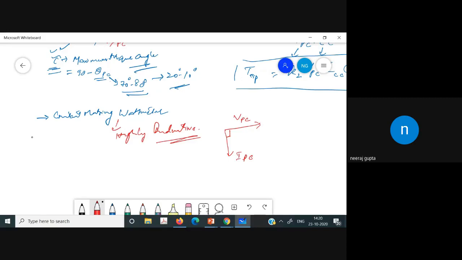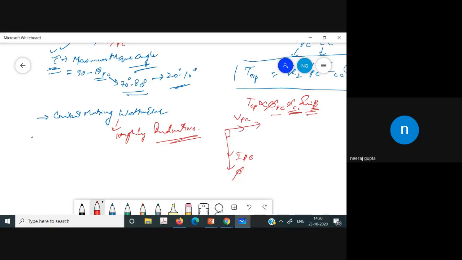Now, for the production of the maximum torque, as you see, the maximum torque is directly proportional to phi PC, then phi CC, and sine of some angle, let's suppose beta. This is coming from voltage and this is coming from the current. For the production of the maximum torque, this angle should be equal to 90 degree. It means that in case of contact making wattmeter, it is producing the flux phi, so it should be 90 degree, that is, phi CC should be 90 degree.